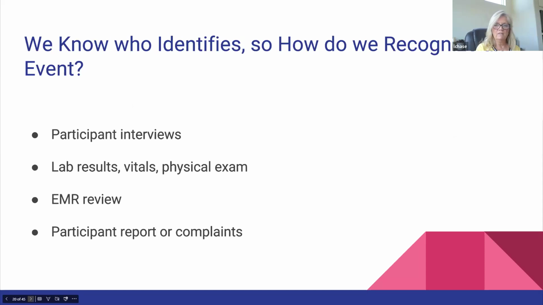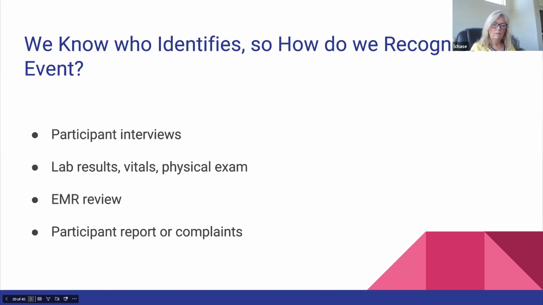So we know who identifies, but you need to know how to recognize an event. This can be done through participant interviews. Sometimes that's through questionnaires; you come across some things in the questionnaires that you do with them. You can also find things through lab results, or you notice a change in vitals, or there's a change in their physical exam.